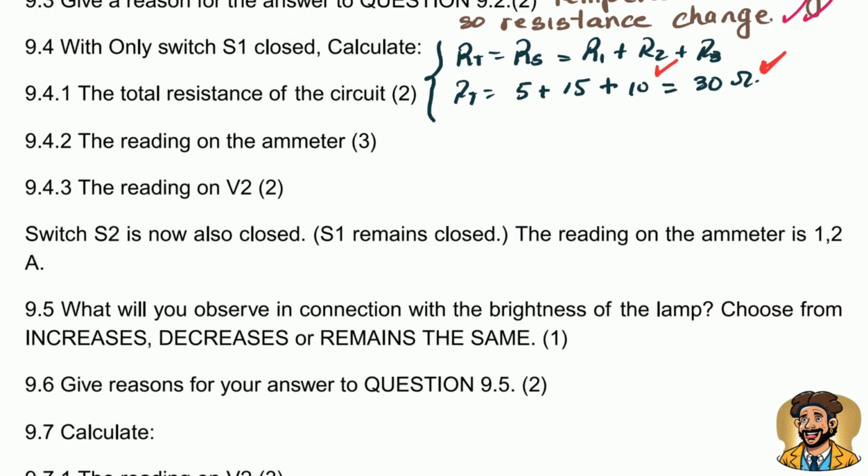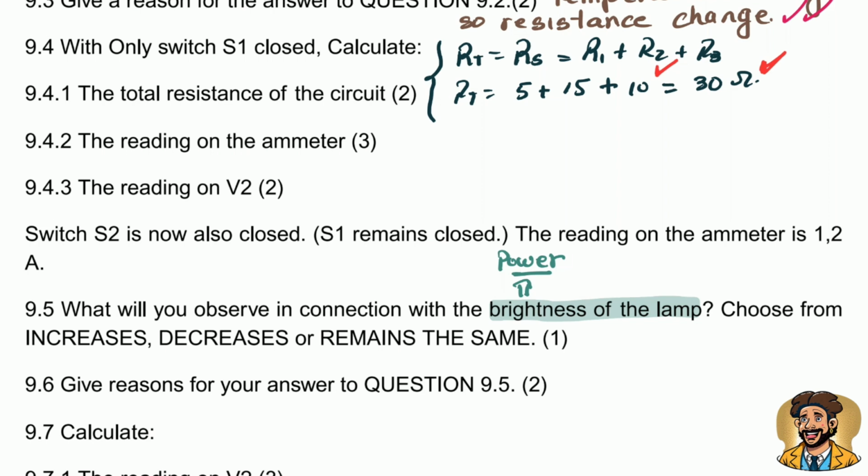What will you observe in connection with the brightness of the lamp? Choose from increase, decrease, or remain the same. And let's have a small note here in terms of the brightness of the lamp or light bulb. The brightness is straight related to power.